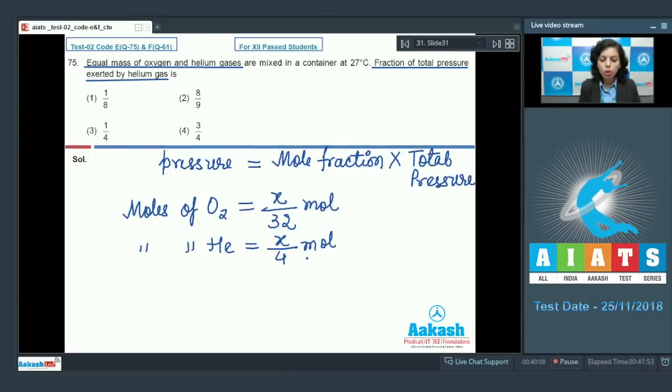Now we just want to find out the fraction of the total pressure exerted by the helium gas. It means we have to take the mole fraction of helium gas, multiply it by the total pressure to find out the pressure exerted by that particular gas.